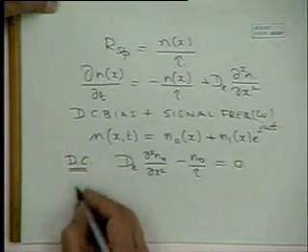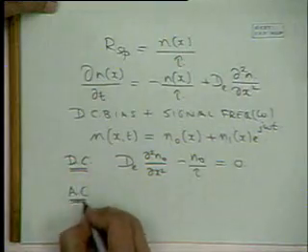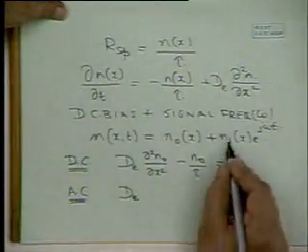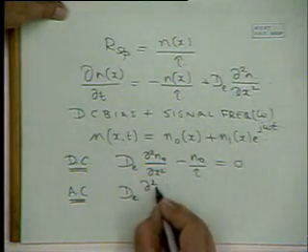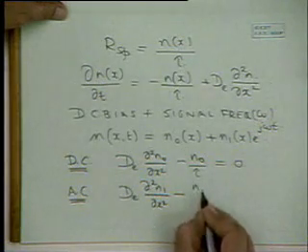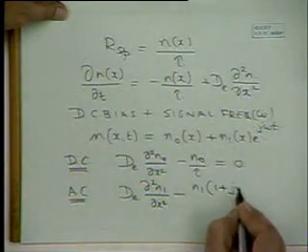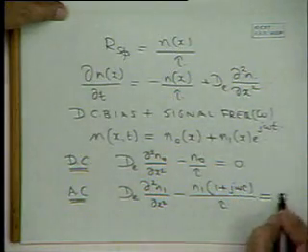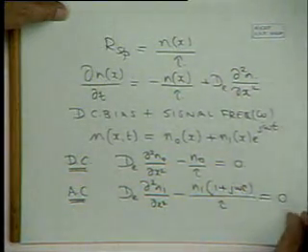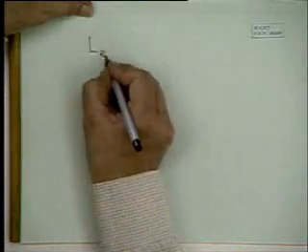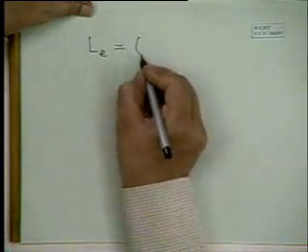And the AC frequency dependent part is, obviously with n1 coming in, delta 2 n1 over delta x squared minus n1 over... Now to get the solutions of these equations, we know that L_E is the diffusion length.